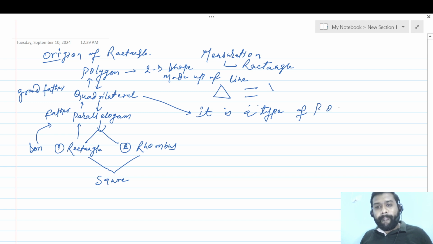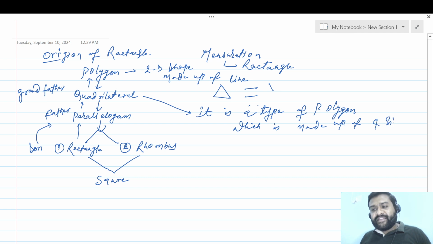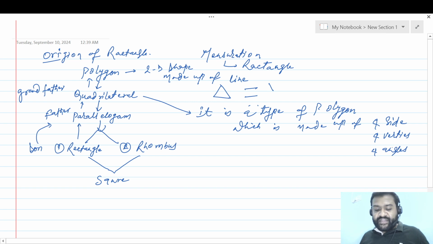Quadrilateral is a type of polygon which is made up of four sides, four vertices, and four angles. Most importantly, it can have different shapes.